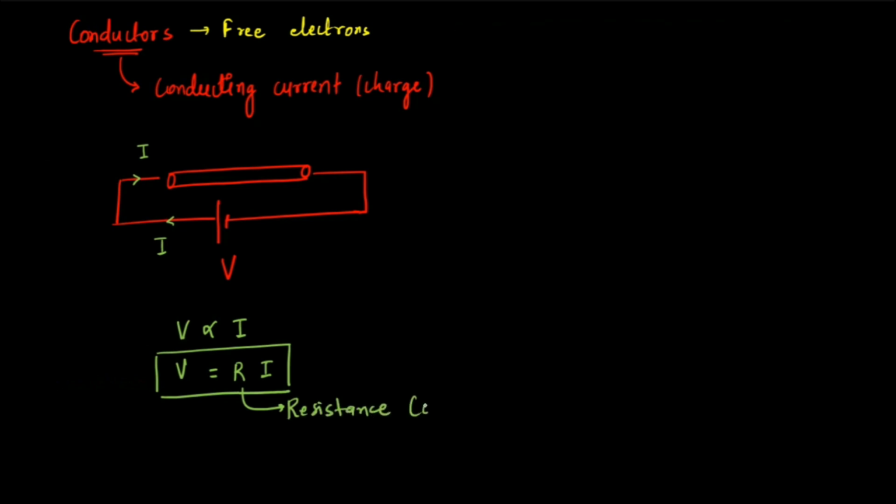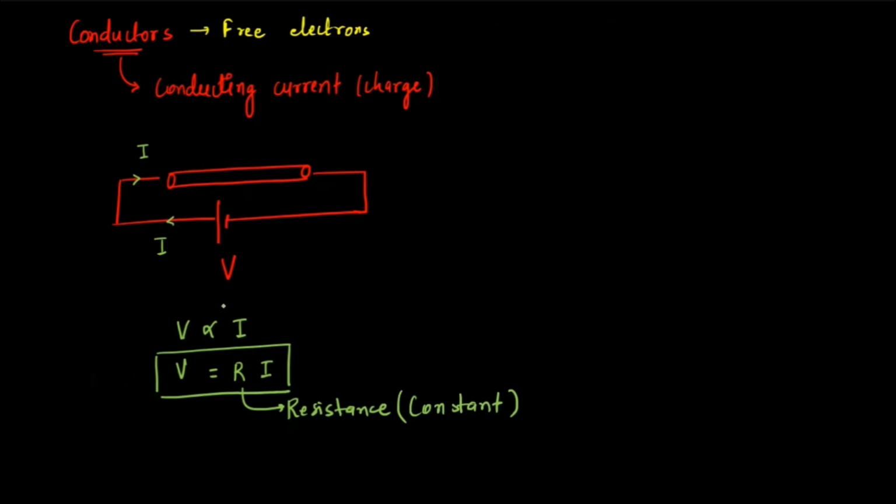Resistance is a constant value for a particular type of matter. If this conductor is made of iron, it must have some resistance. If it is made of aluminium, it must have some other resistance. So the value of resistance depends upon which type of matter we are actually using.